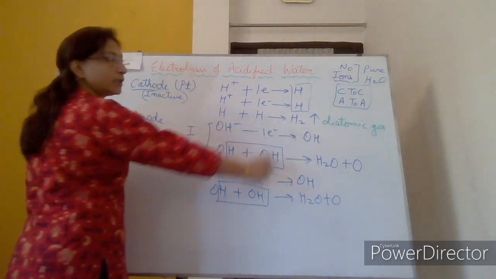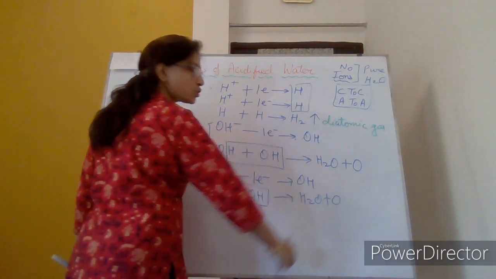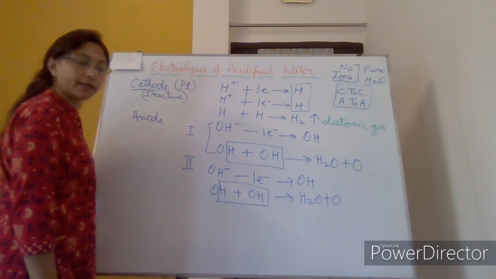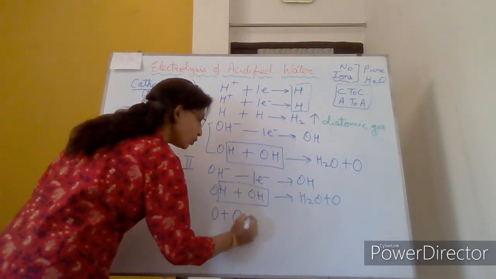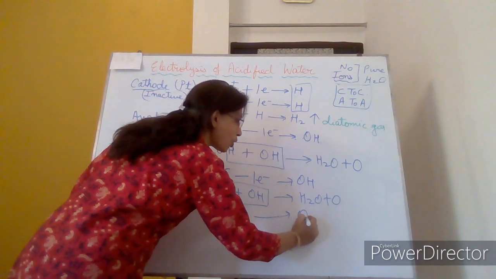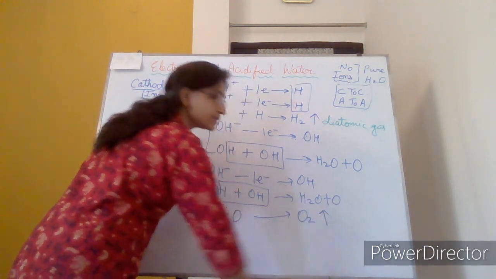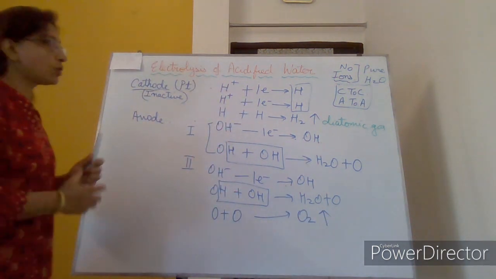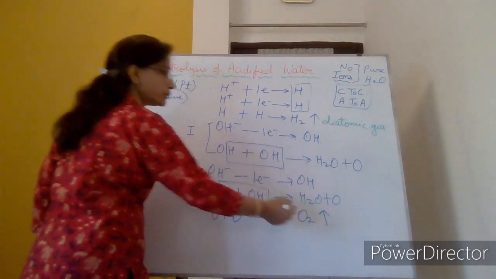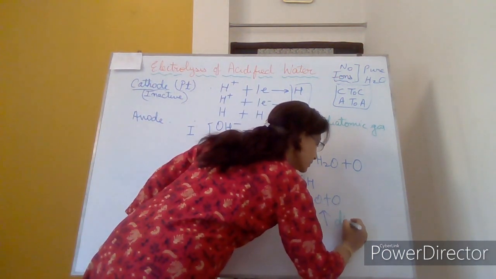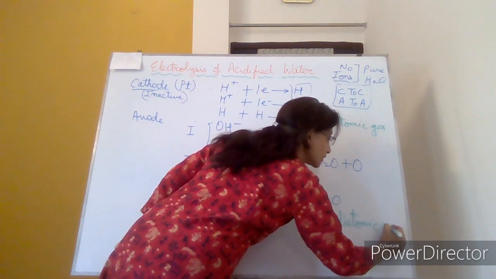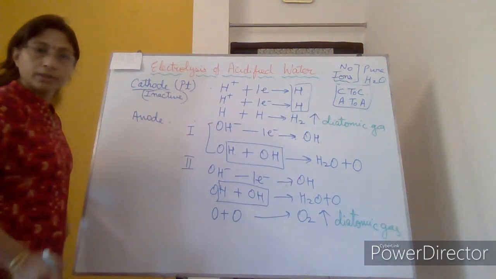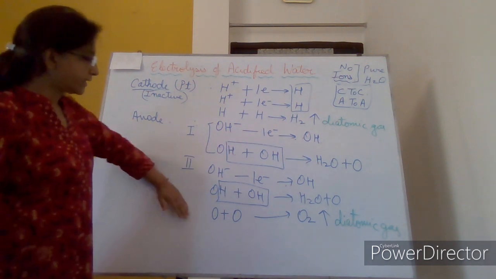Now the same principle here. Since oxygen is also a diatomic gas, what will happen? O plus O will give us oxygen. Why is it giving us oxygen? Because again, like hydrogen, oxygen is a diatomic gas. So is that clear?